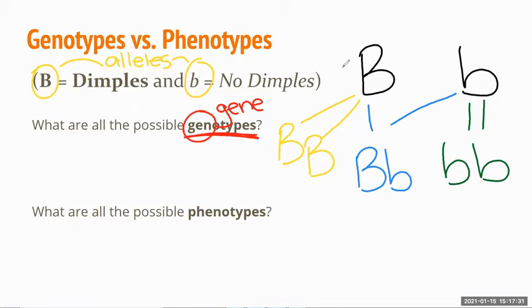So these are the different combinations of genotypes. Now, because we don't always use the same letters when it comes to genotypes, we can't just call them big B, big B, big B, little b, little b, little b, because that's a mouthful and people are not always going to know what you're talking about. So we refer to these different genotypes using specific vocab words.